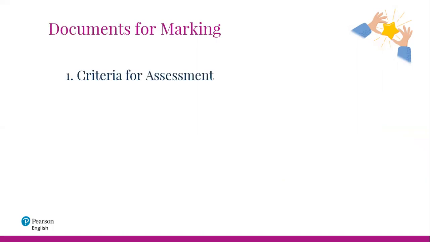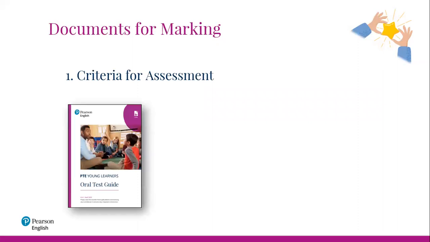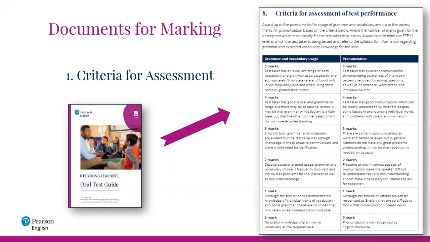The first document is called Criteria for Assessment. What kind of document it is and where can we find it? Well, you have to go to the oral test guide available from the Pearson website, and there at the end you will find this document. It looks like that, Criteria for Assessment of Test Performance.